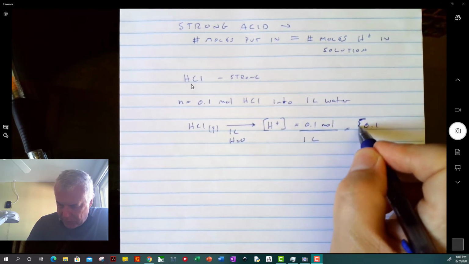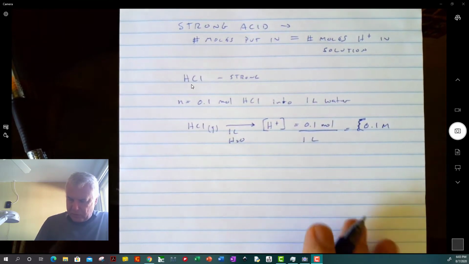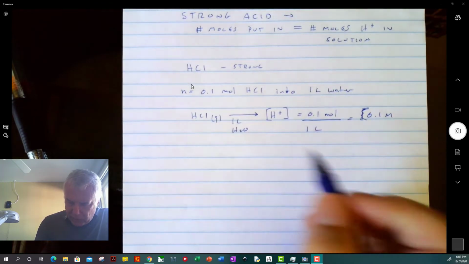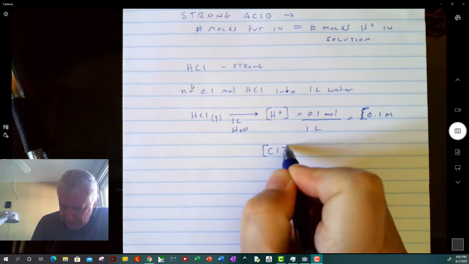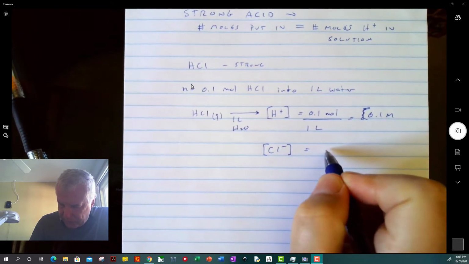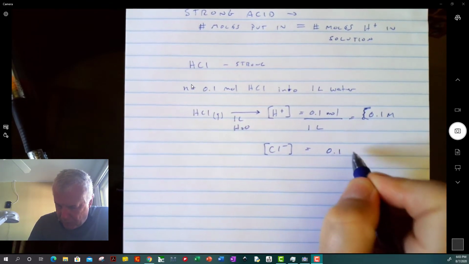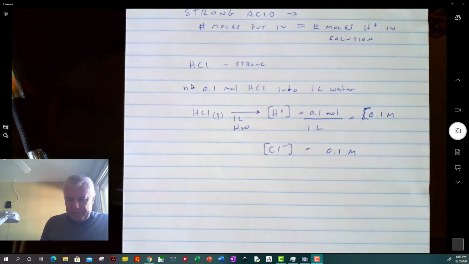The same is true of the chloride ion, right? The Cl- will equal 0.1 molar as well, right?